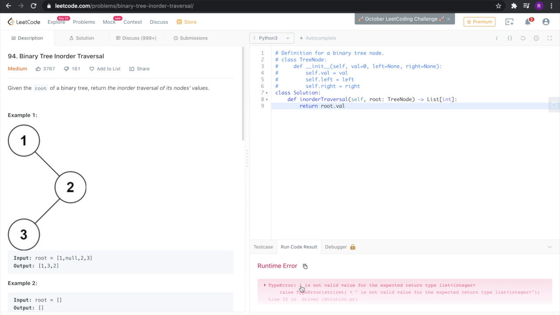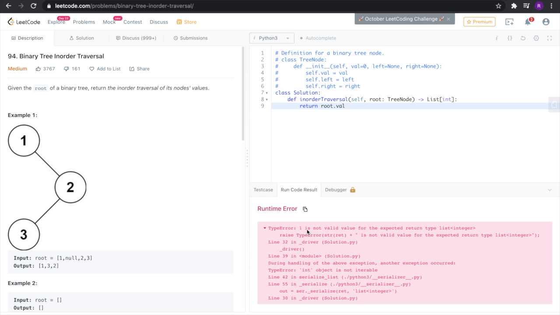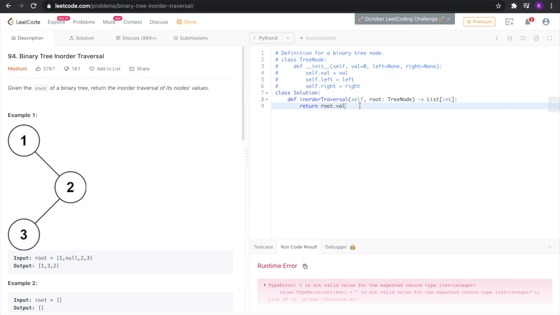So if we want to access the value of this node, we have to think about it and see that this value is defined in the right parameter of the first node.